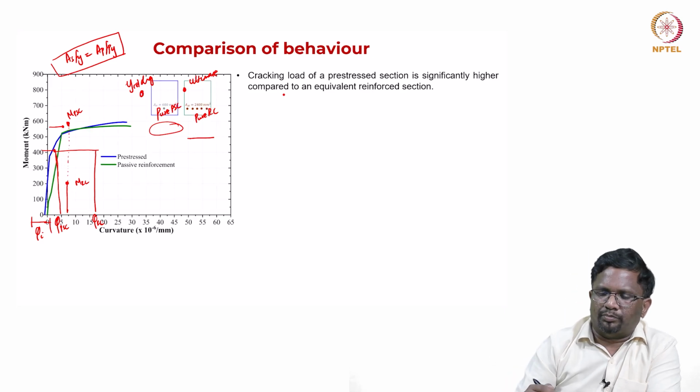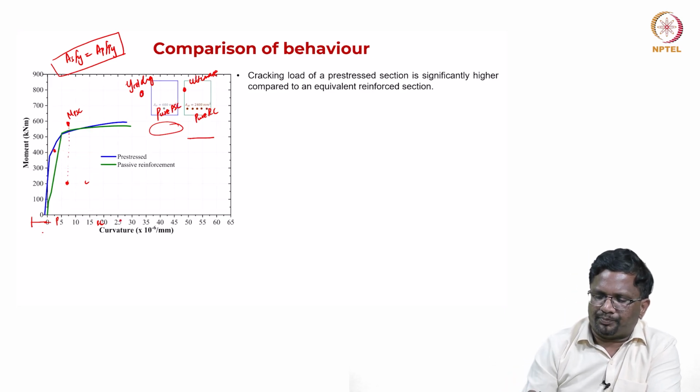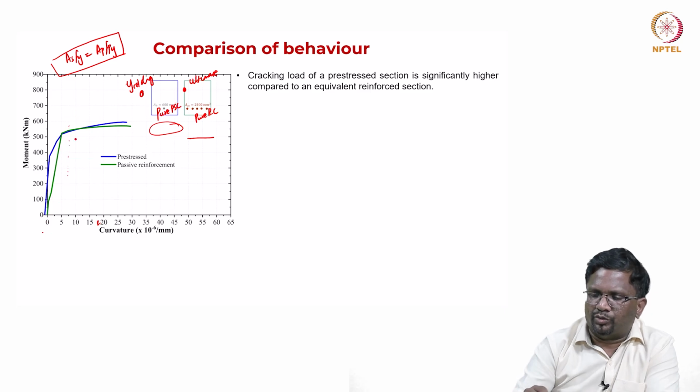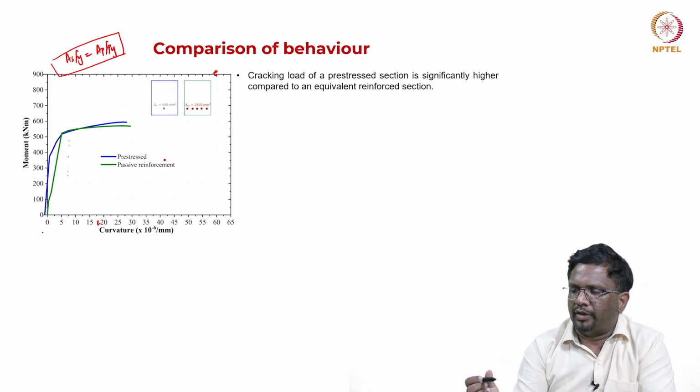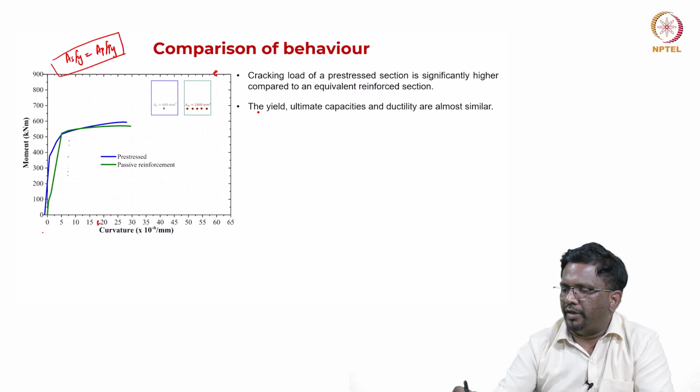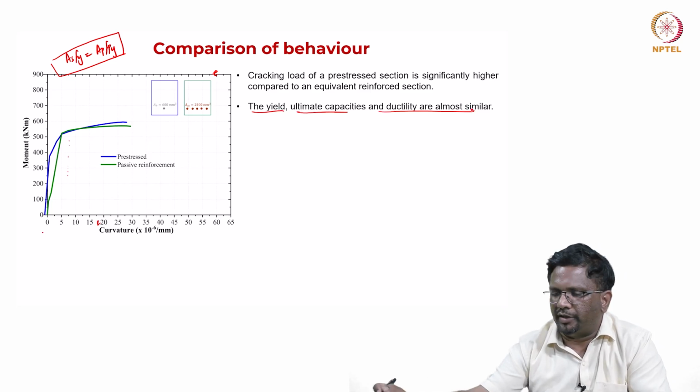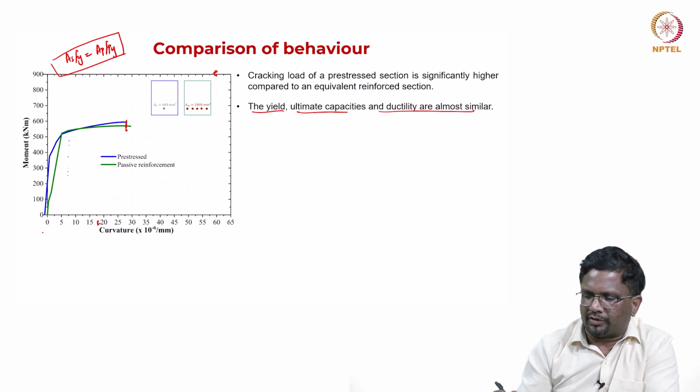And the previous one showed a close-up view, and now we have zoomed out and we are looking at how all the sections will look. If you see here, again, the yield, ultimate capacities and ductility are also nearly the same. So ductility is this curvature ductility.